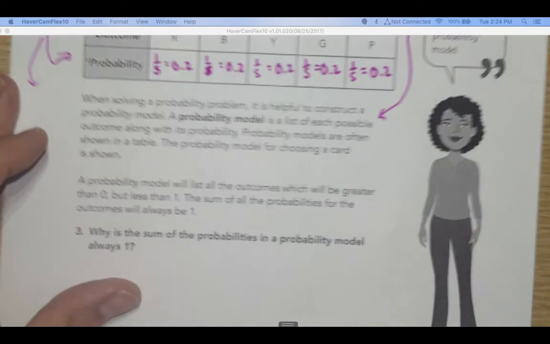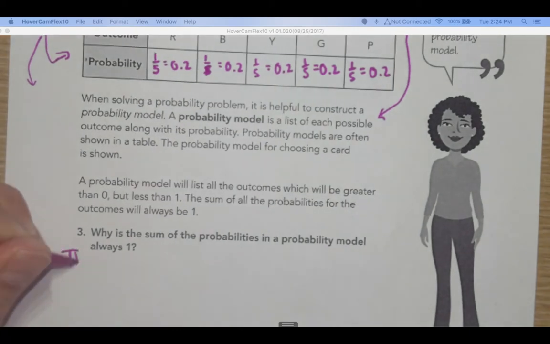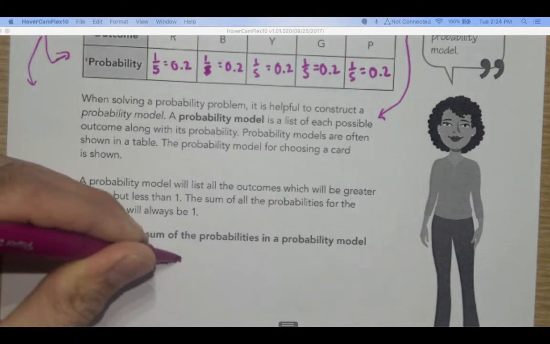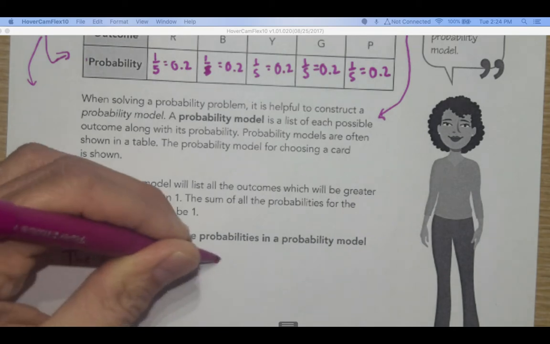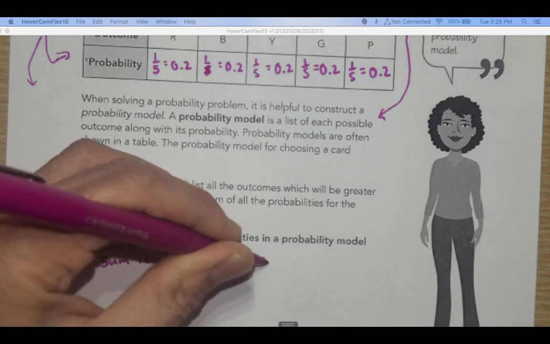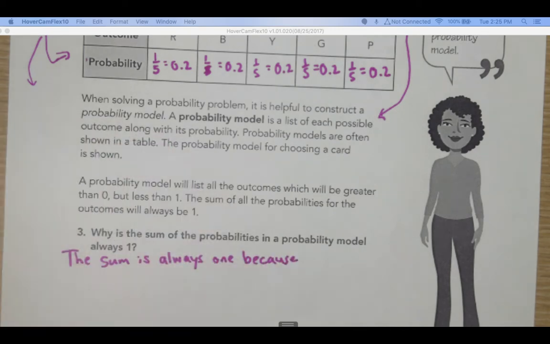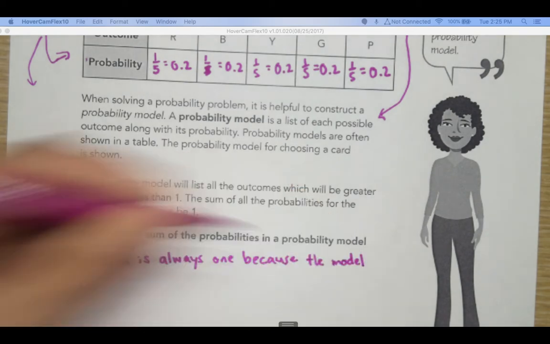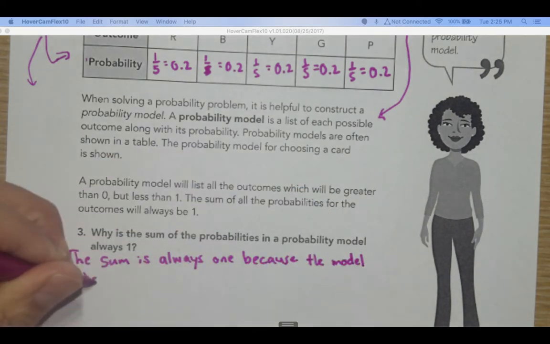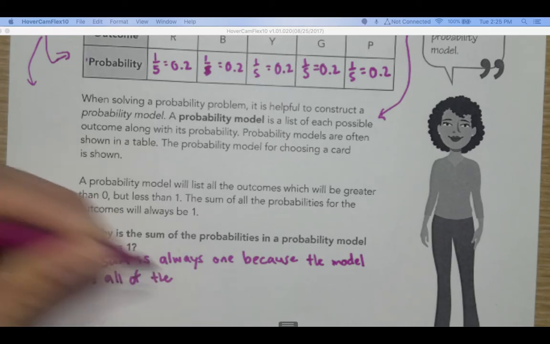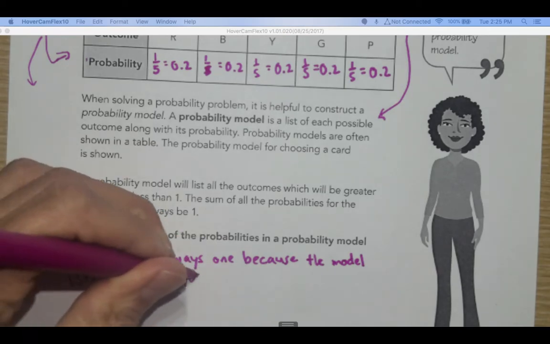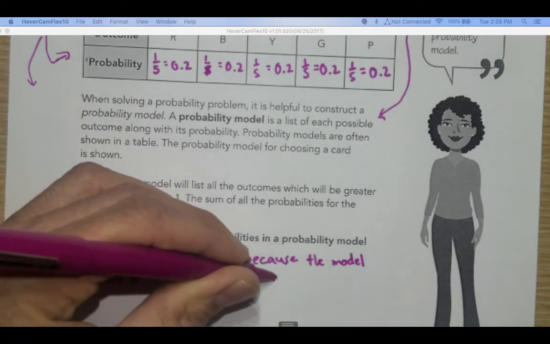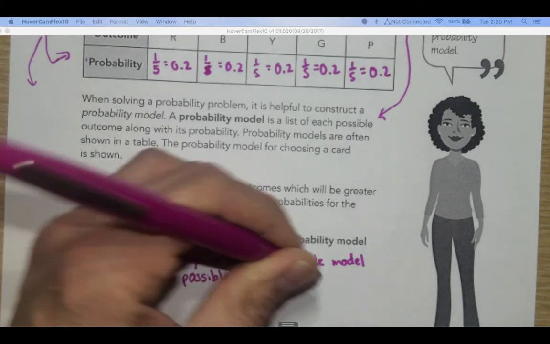Well, the sum is always 1 because the model lists all of the possible outcomes, or 100% of the outcomes.